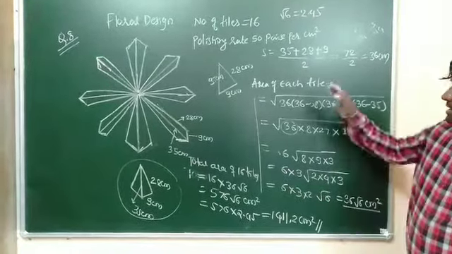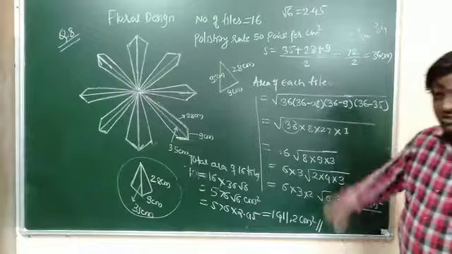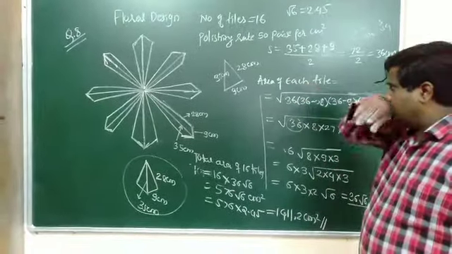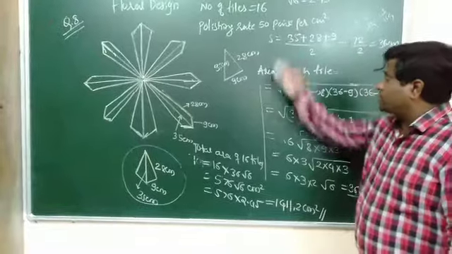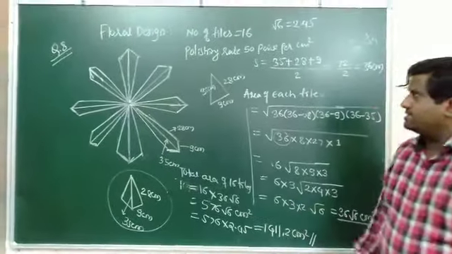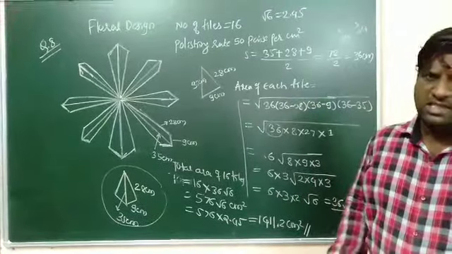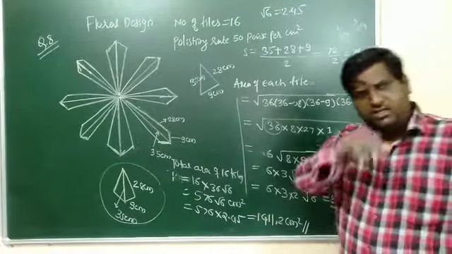So now let us find the labor charge. The task here is polishing, at the rate of 50 paise per centimeter square. Normally we express our charge in terms of rupees, not in terms of paise.